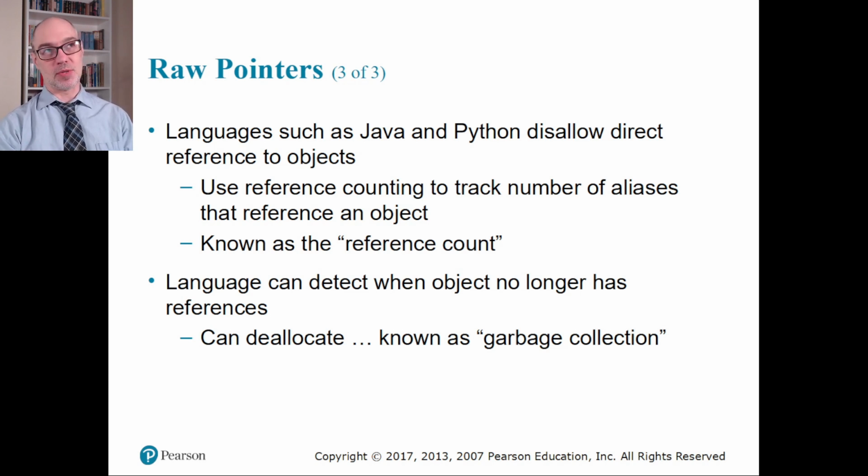Other languages might use slightly different strategies. Any one of these languages, however you do it, wind up being able to detect when an object doesn't have any live references anymore, when all the pointers or references or whatever you want to call them have gone out of scope, and then the system automatically deletes the object.